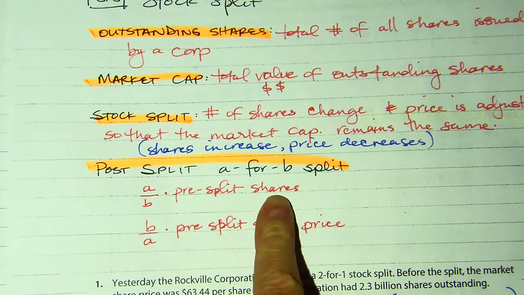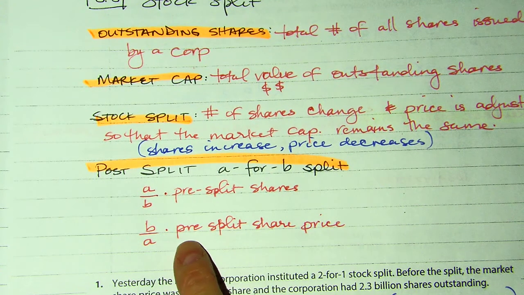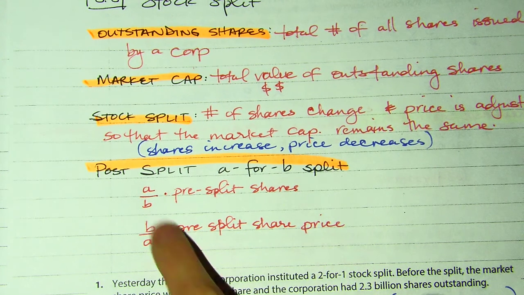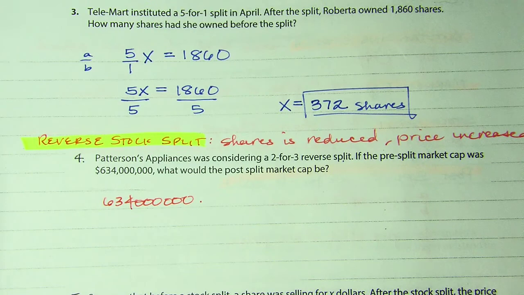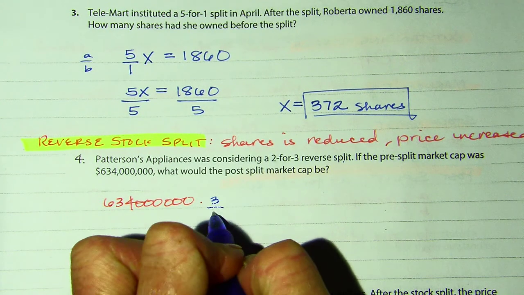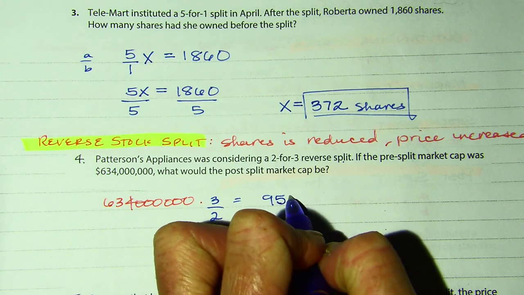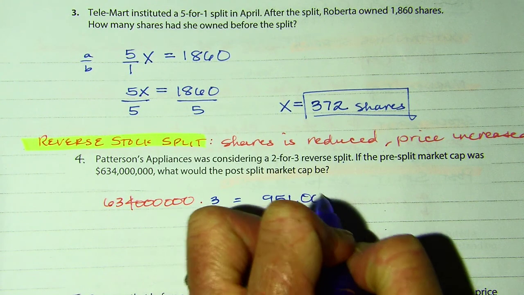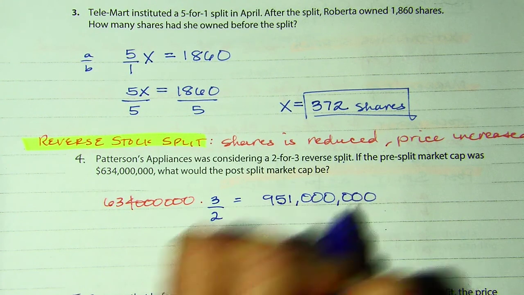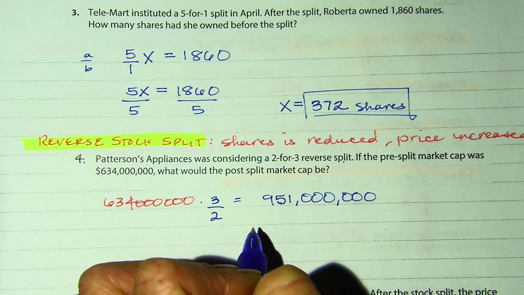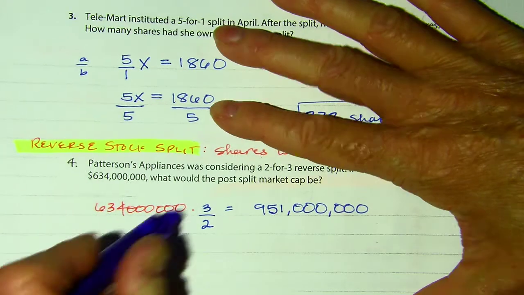For shares, we do A over B. For share price, we do B over A. I do the second number over the first number. So because we're talking about the price or the value, I'm going to multiply 3 over 2. And so that gives me 951 million. Oh, whoops.